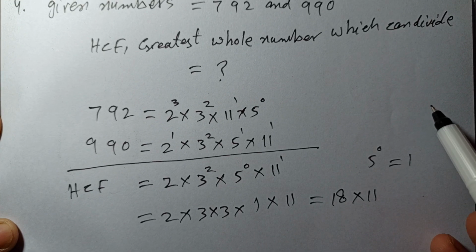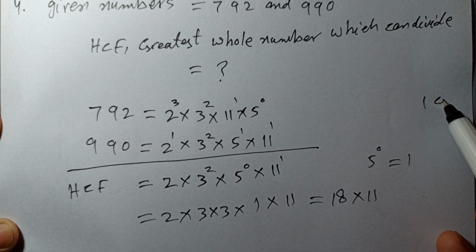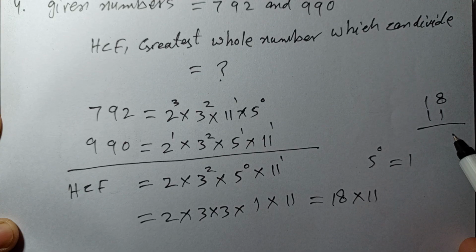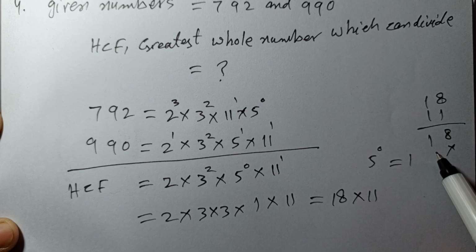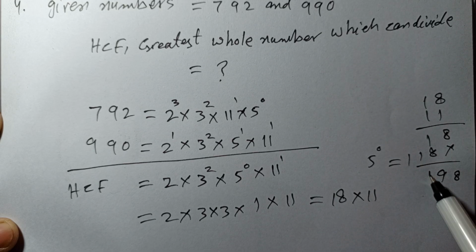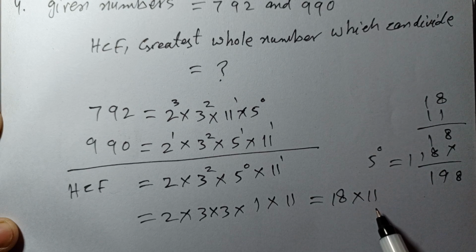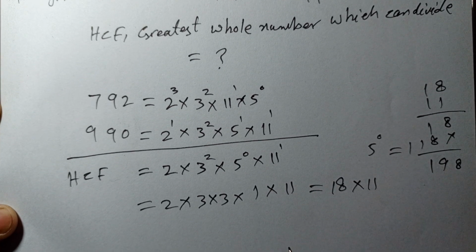Let us solve it. 1 eight is 8, 1 one is 1, 1 eight is 8 and 1 one is 1. Now add these: 8, then 9, then 8 and 1 is 9, 1 here, 198. Your final answer is 198.